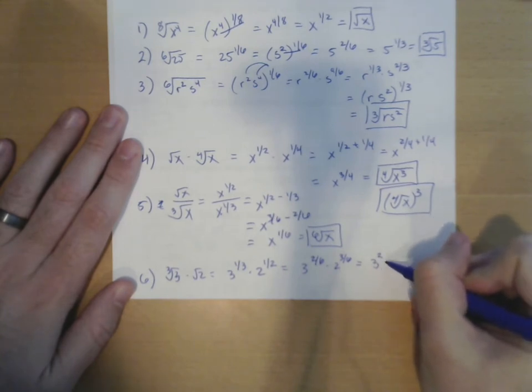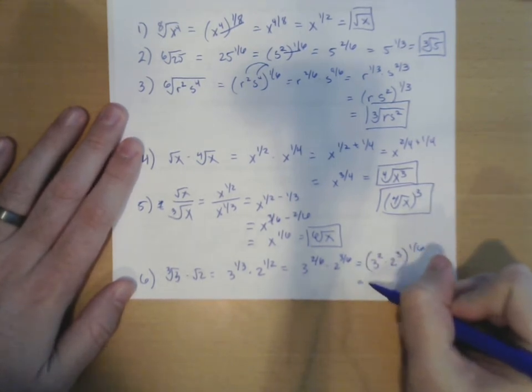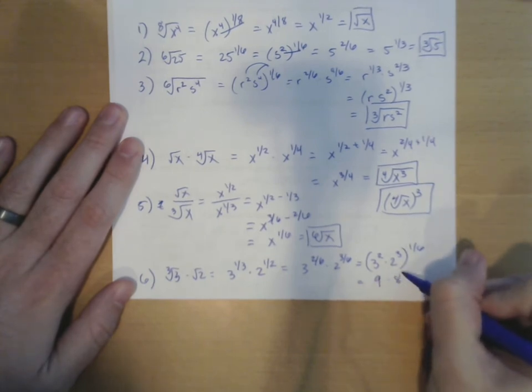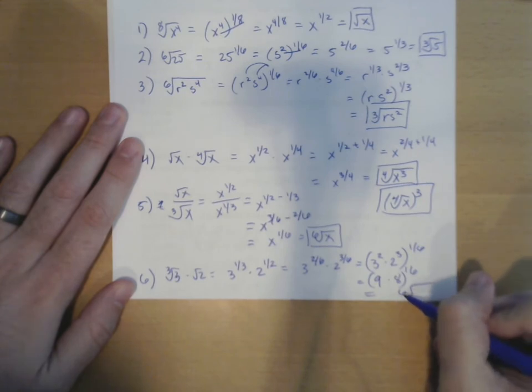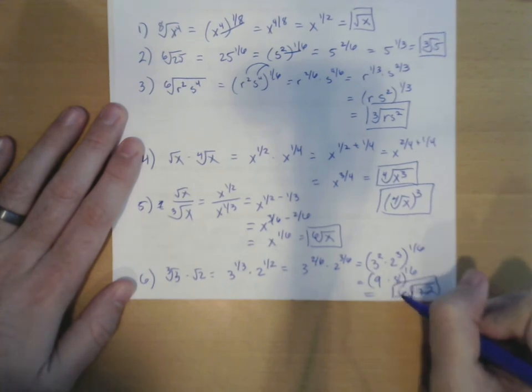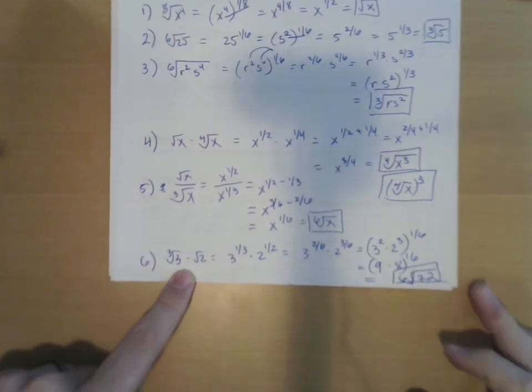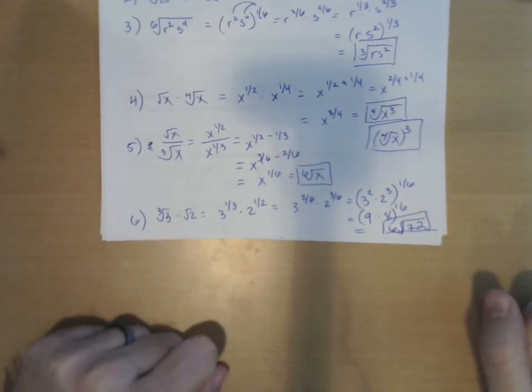So we have 3 squared times 2 cubed to the 1/6. And so this is 9 times 8 to the 1/6, or the 6th root of 72. So now we've taken what looks like a gross 2-radical thing that we can do nothing with, and wrote it as 1 radical.